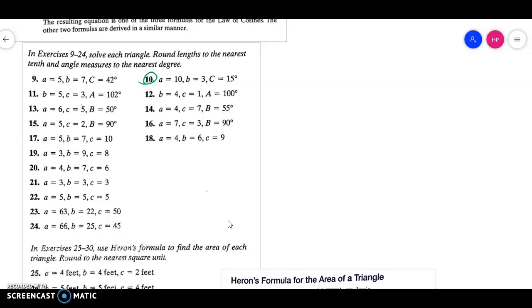So maybe not drawn to scale here, but if I draw a triangle, I'm going to put angle A here, and then side a is at 10 units. If this is angle B, then this would be my little b over here, which is 3 units. And then I'm left with angle C, which I know is 15 degrees, and I'm trying to find side c.